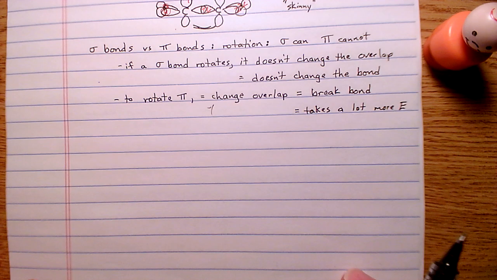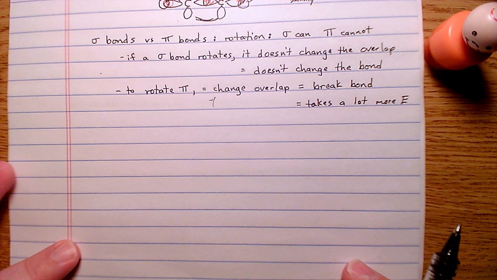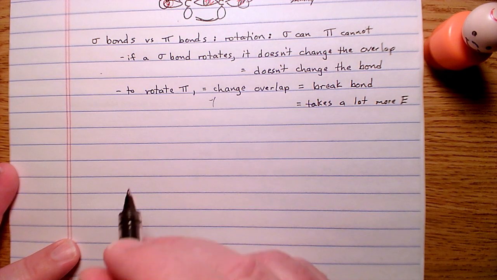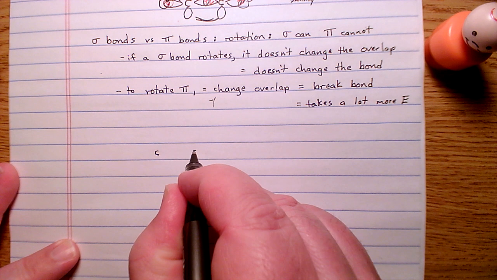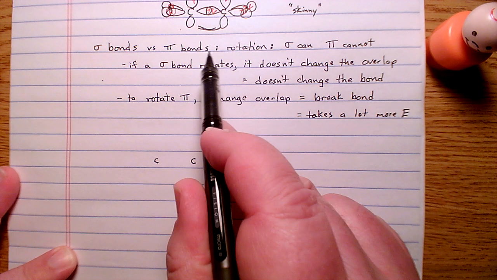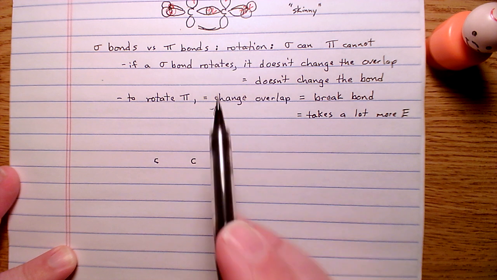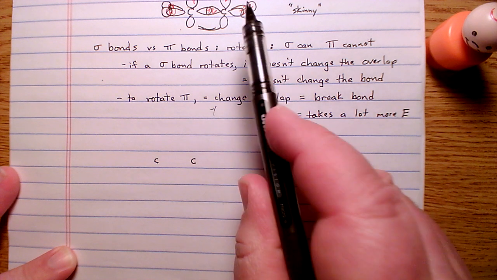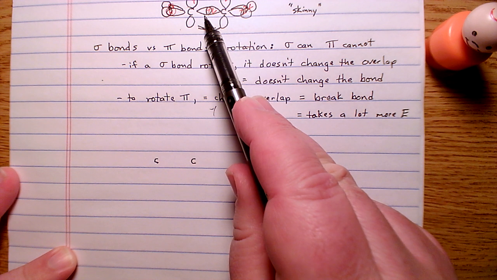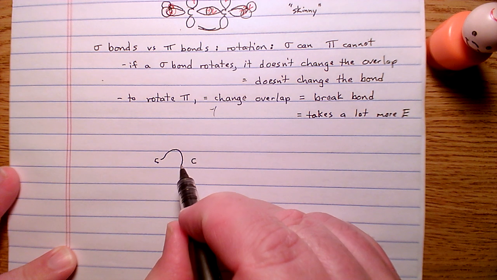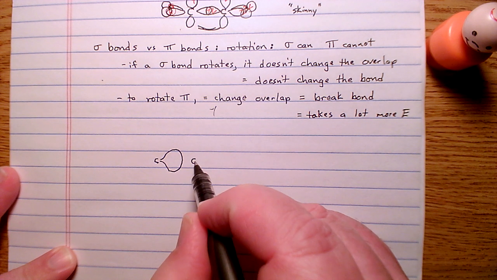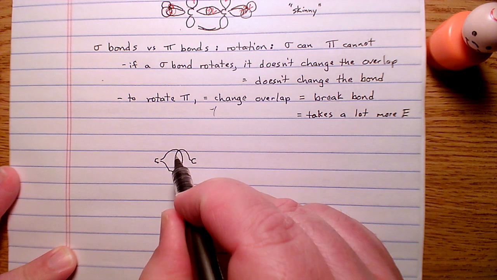It turns out if we want to draw real orbitals, it would look like this. If we had this carbon here and this carbon here representing these two carbons up here, if I want to draw this sp2 hybrid orbital, it actually looks more like this. And so the other one on this carbon looks like this.